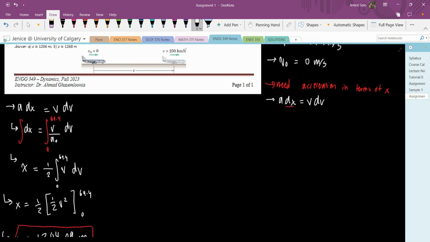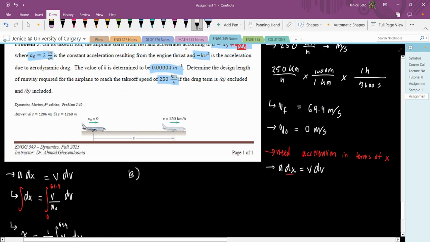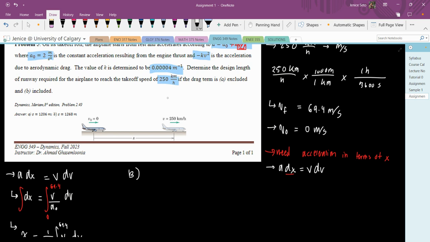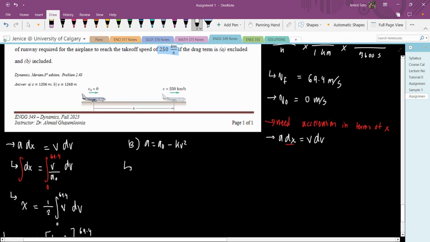So then for our second part, we want to include that drag term, which means we are going to be using our full equation. So this is a equals a0 minus kv squared. We are going to use the same kind of function, because we still want to find length.